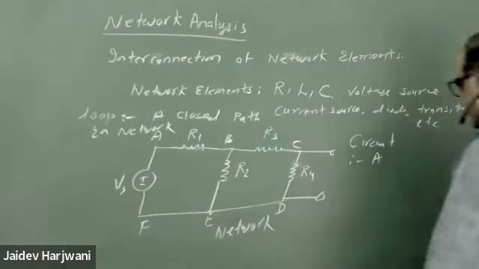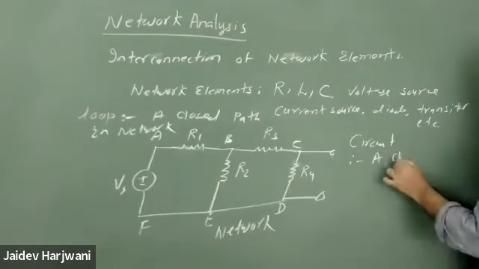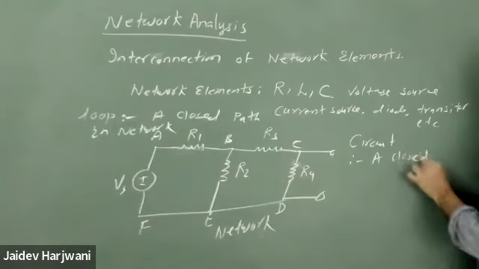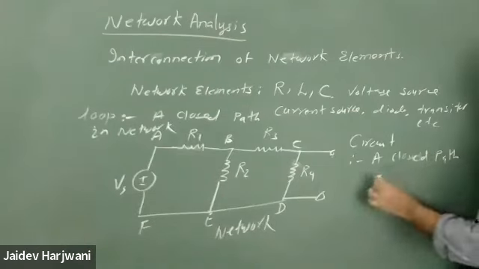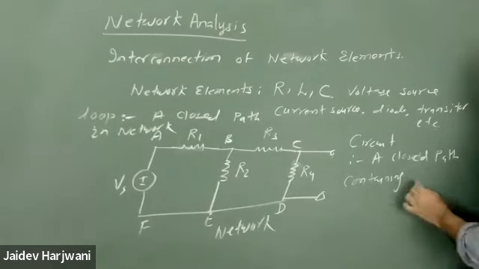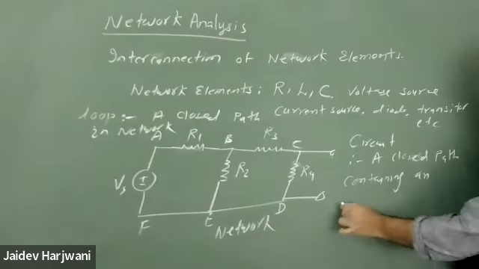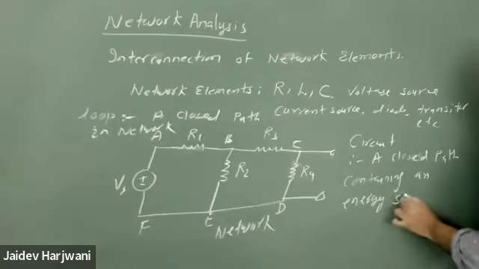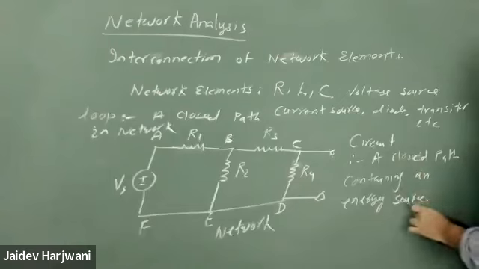A circuit is a closed path containing an energy source. Energy source here means a voltage source or a current source. That will be called your circuit.